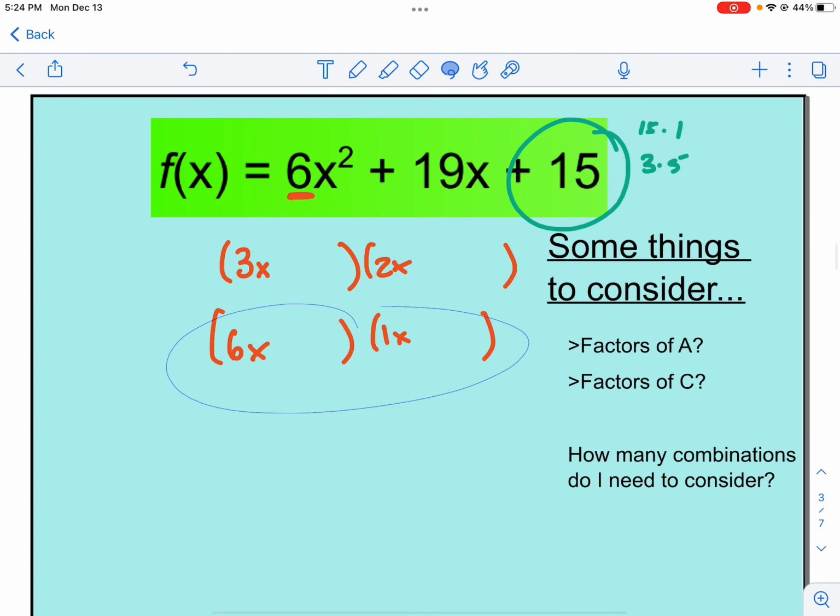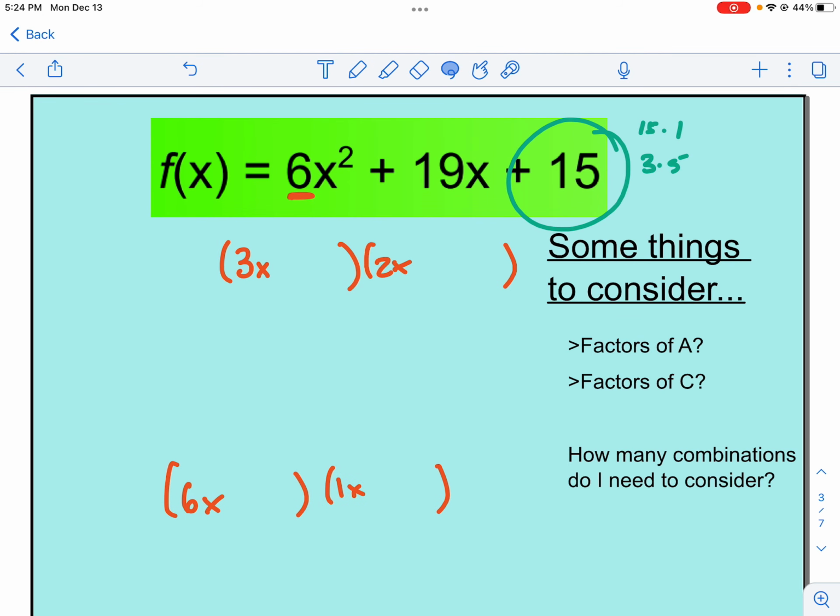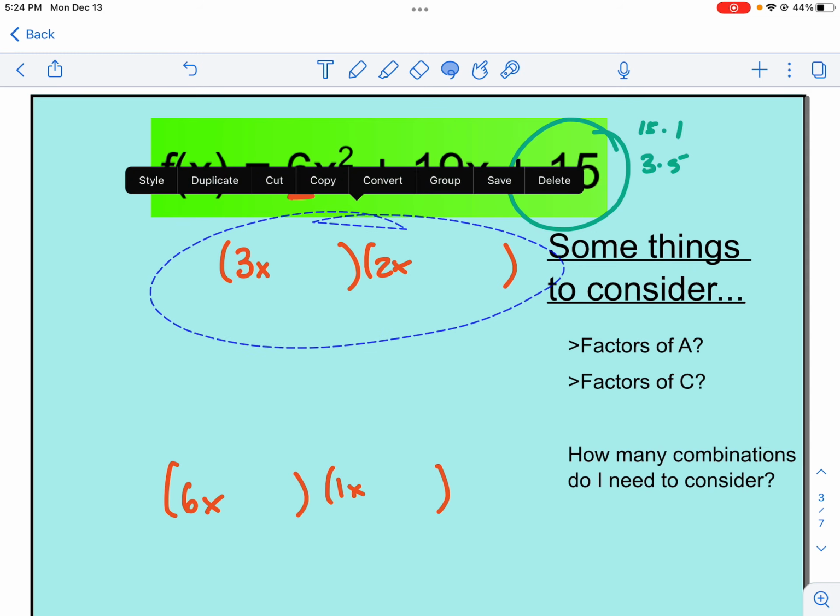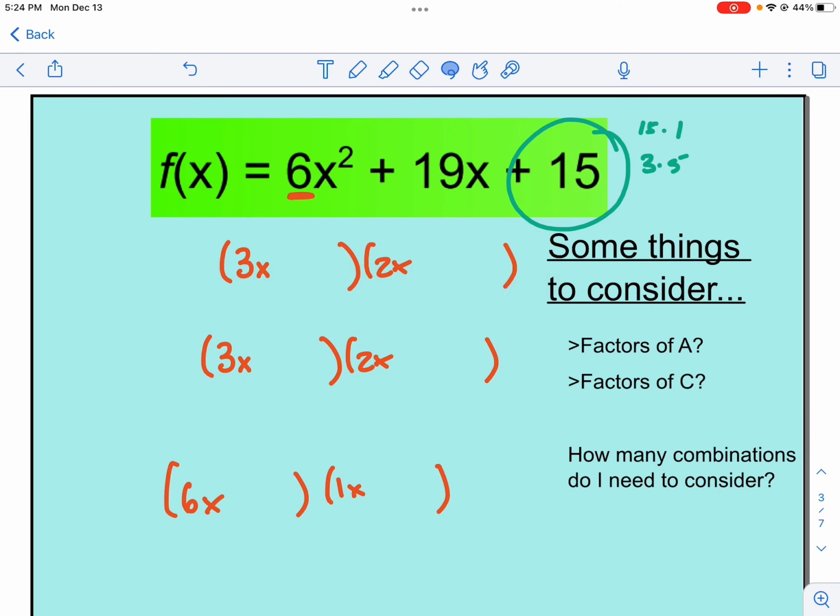So you have to grab these and say, well, I could do 3x plus 1, 3x plus 15, and that would give me 15 there and 6x squared there. I could also switch them. I could also do plus 3, plus 5. I could also switch and do 5 and 3, right?